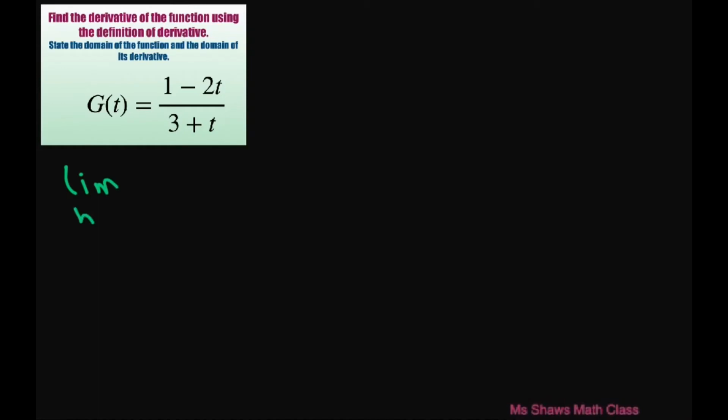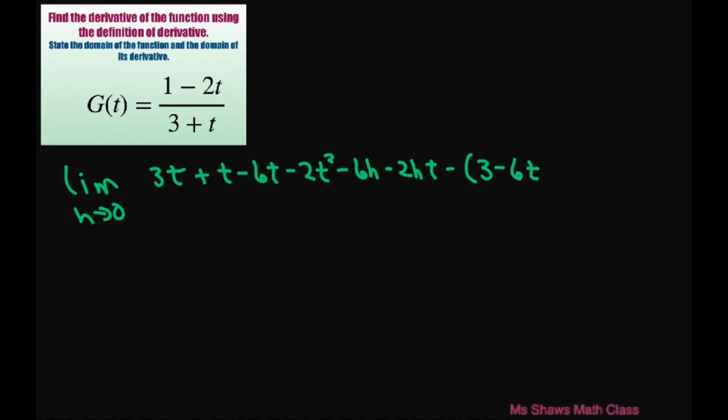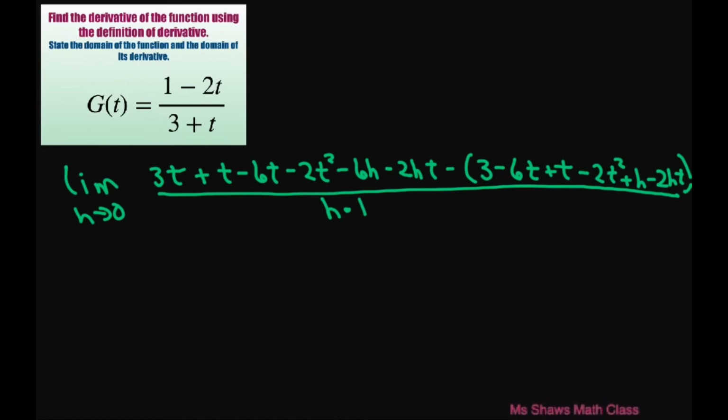Limit as h approaches 0, 3t plus t minus 6t minus 2t squared minus 6h minus 2ht, minus, and then we have the second part, which was going to be 3 minus 6t plus t, I'm writing small so I can get this all in, minus 2t squared plus h minus 2ht, barely made it, all divided by h times that denominator.